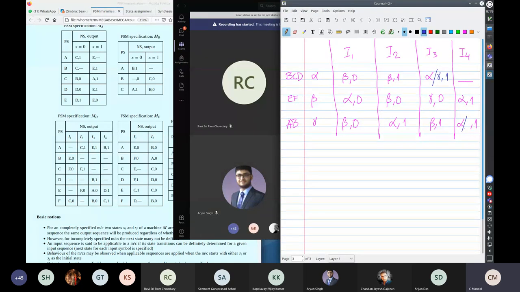So B can be either of these two. It should be gamma, sir. Oh, sorry, it should be gamma. Yeah.